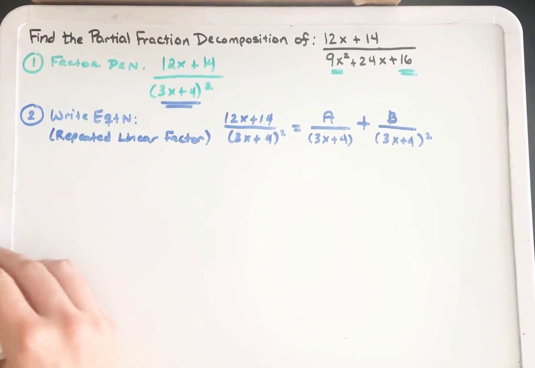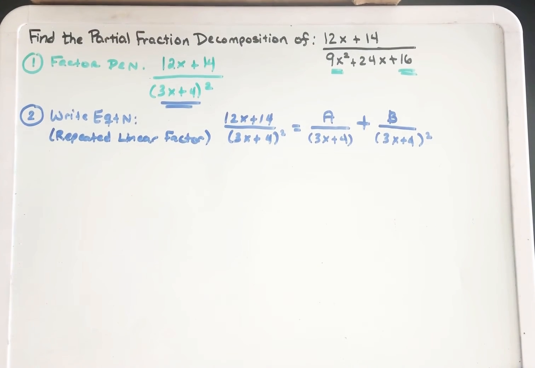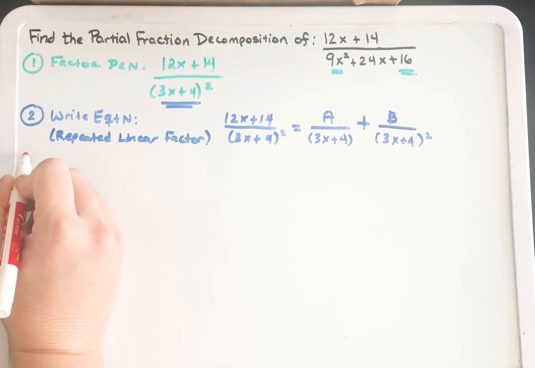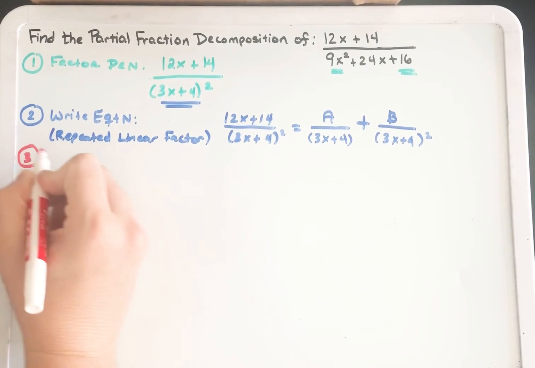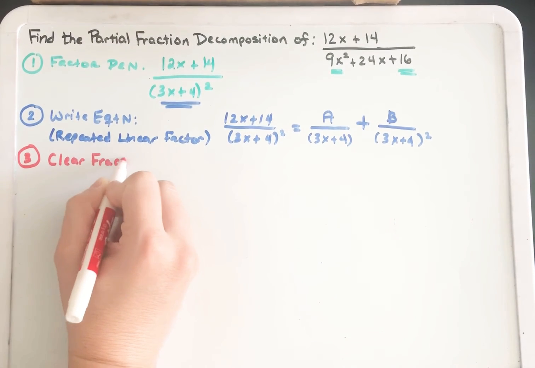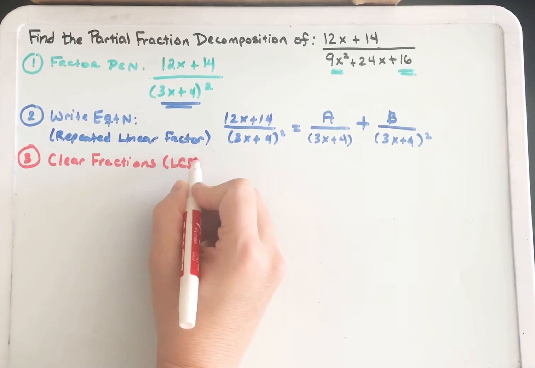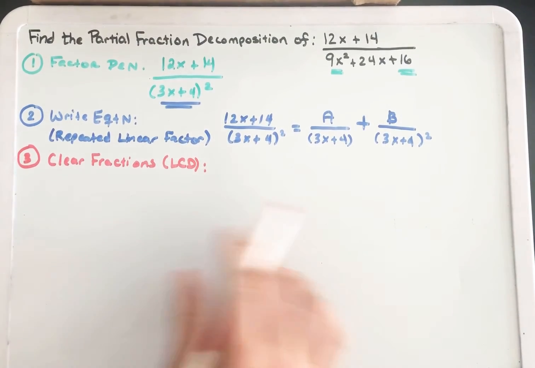Okay, so once you know the pattern, the next thing we want to do is get rid of the denominators. In other words, from algebra, clear fractions by multiplying both sides by the LCD, the least common denominator. So this is where we clear fractions using the LCD as your magical bullet, if you will, that will kill all of your denominators.